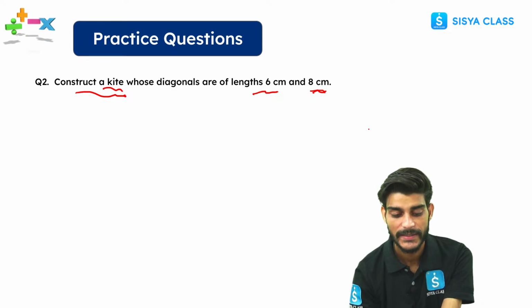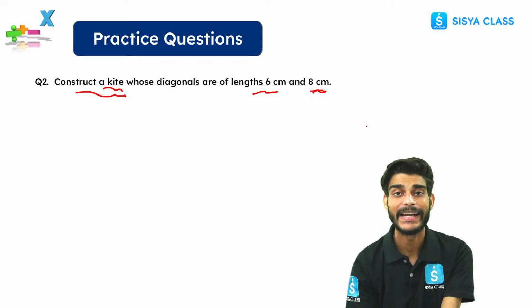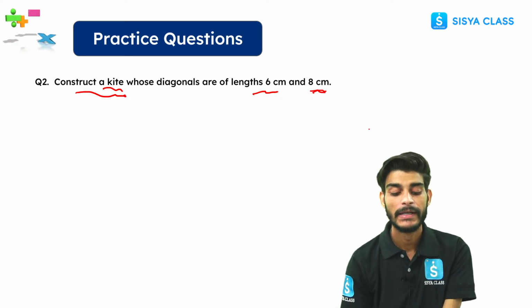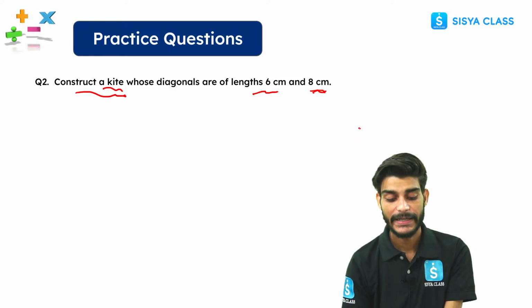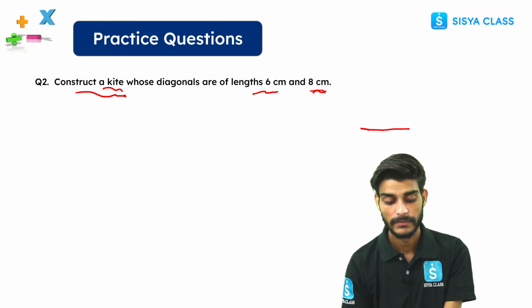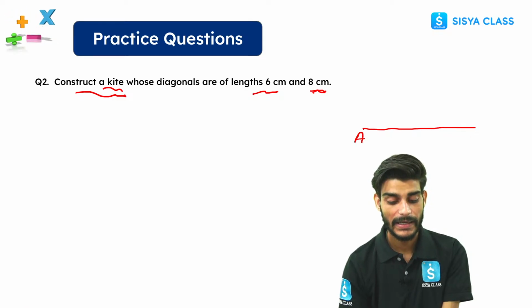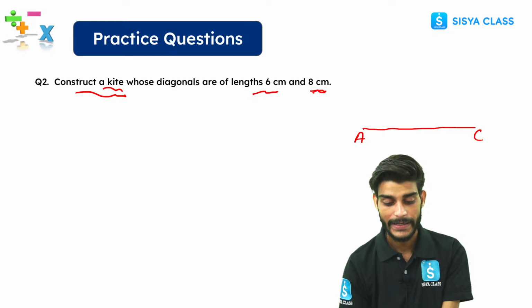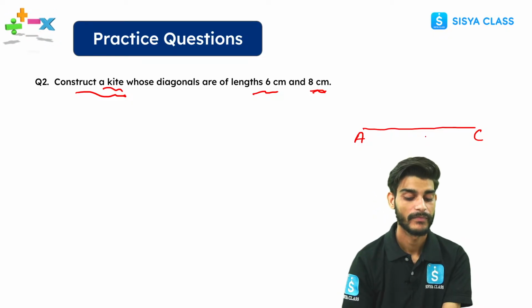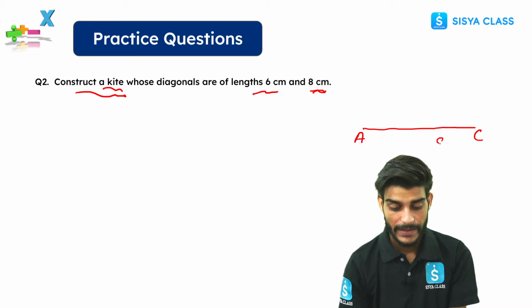So first, draw a straight line. Let's draw a diagonal first. Draw a straight line that measures 8 cm. Let's say this is 8 cm and I'll name it A and C.